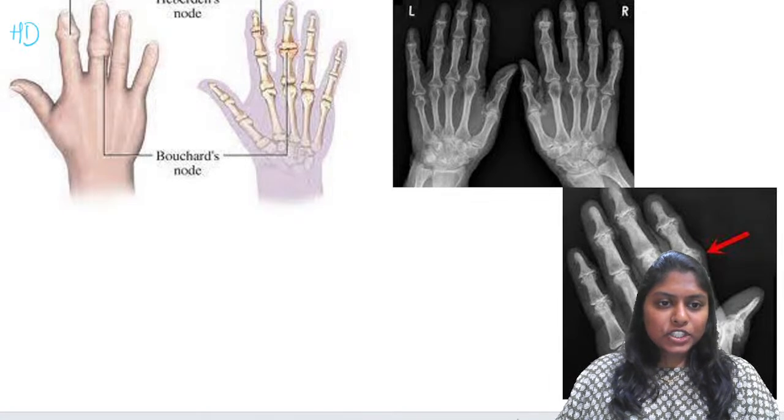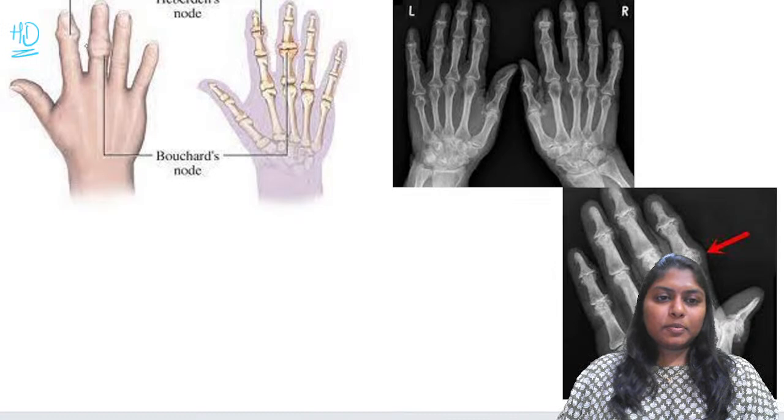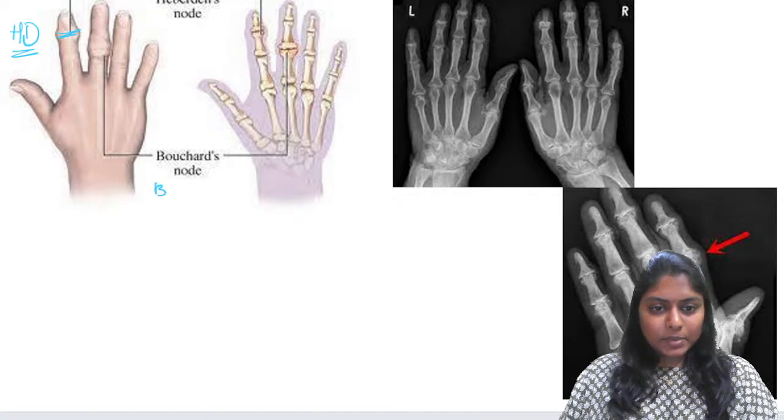This is how you're supposed to remember, because you're not supposed to make a mistake. Heberden's nodules are seen in the distal interphalangeal joints, and Bouchard's nodules are seen in the proximal interphalangeal joints.